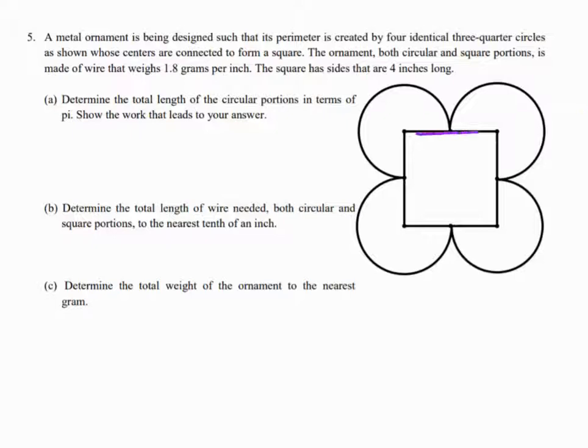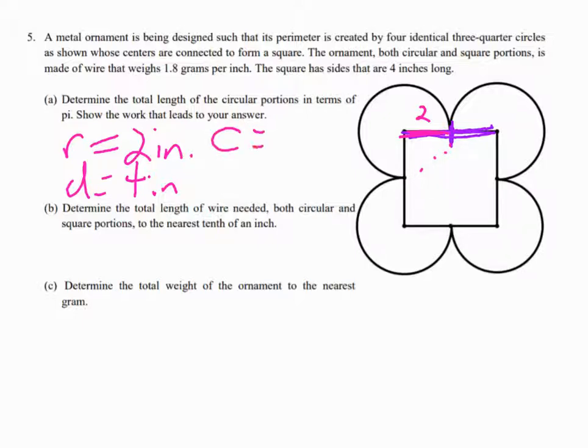A side of the square is 4 inches, so if the whole thing is 4, then this pink part is 2, which means the radius of each circle is 2 inches, and the diameter of each is twice that, 4 inches. I know these circles aren't full, but if they were, the circumference of each one would be 4 pi.